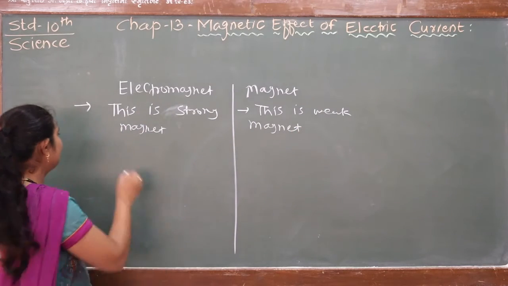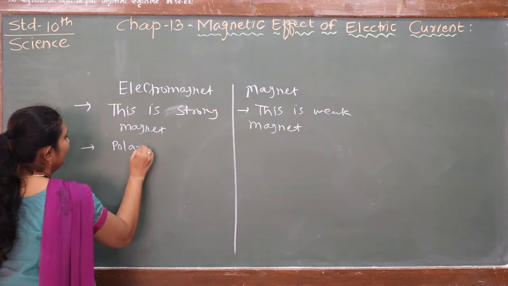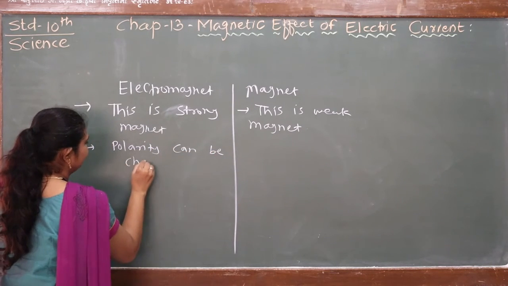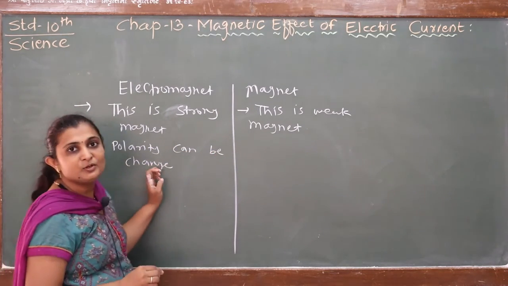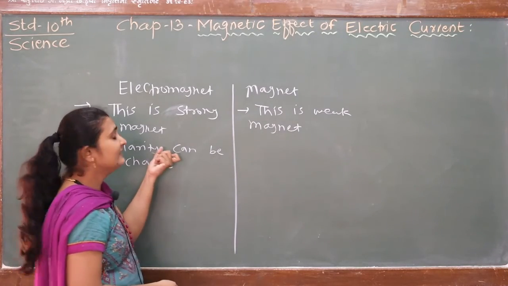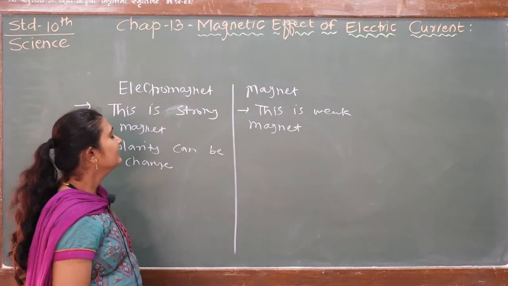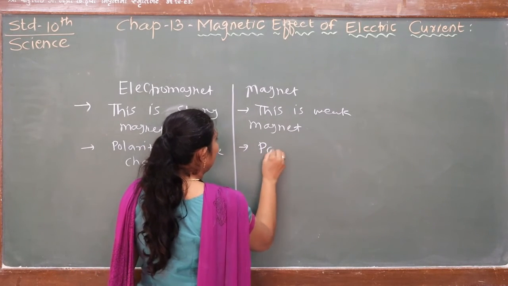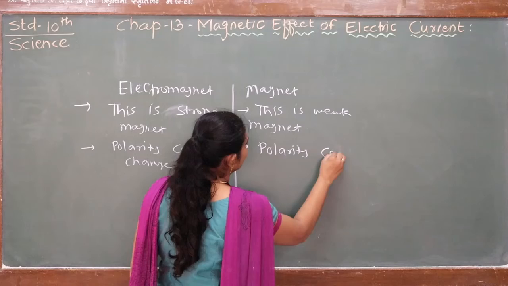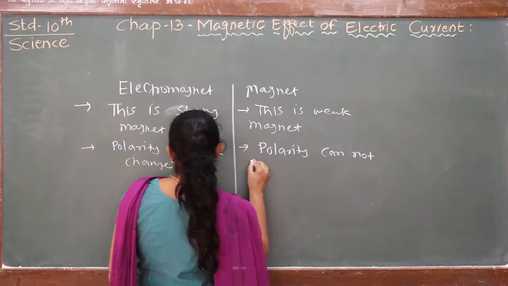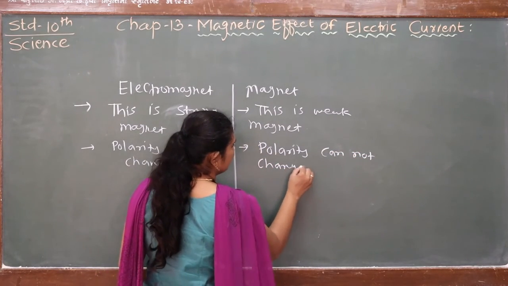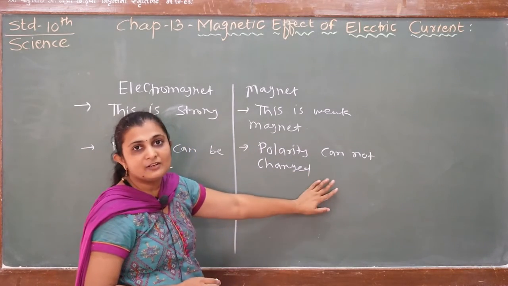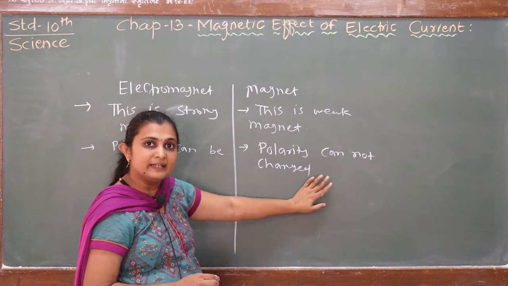Then the polarity of this magnet can be changed. What is the polarity? North pole and south pole we can change for this magnet, but we cannot change the polarity of a simple magnet.